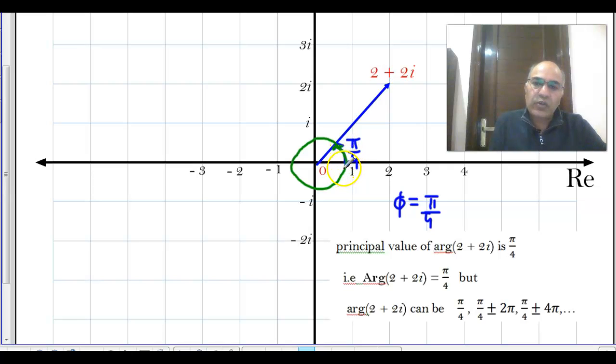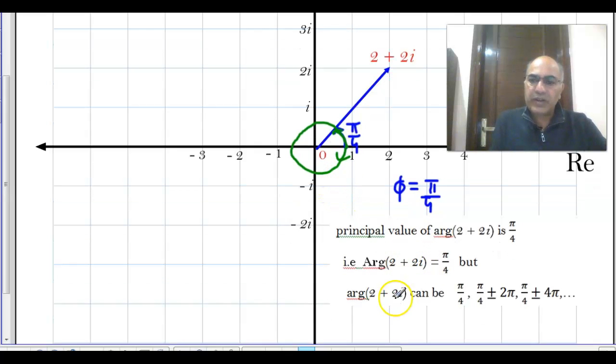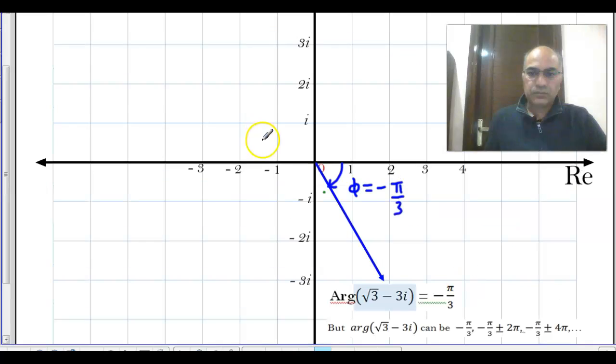And if we go in the clockwise sense, then this angle will be minus 2 pi plus pi by 4 and so on. So there are infinitely many values of argument z, pi by 4 plus minus 2 pi, pi by 4 plus minus 4 pi, and so on, but only one value of principal argument z, which is pi by 4.